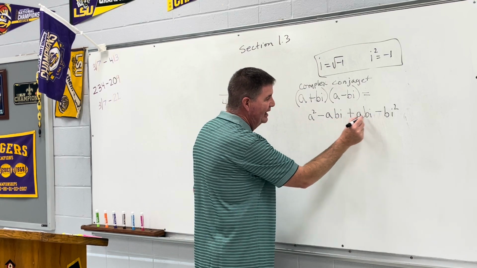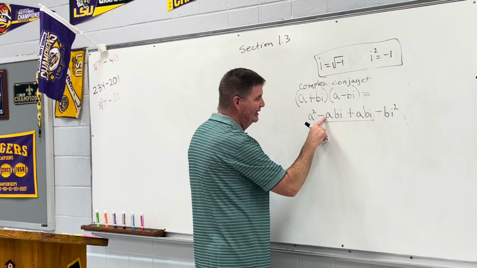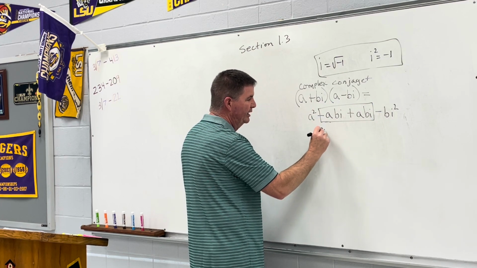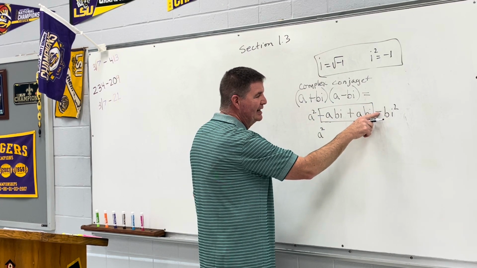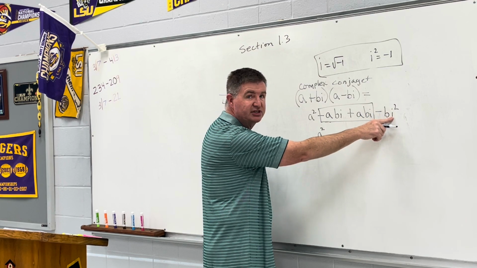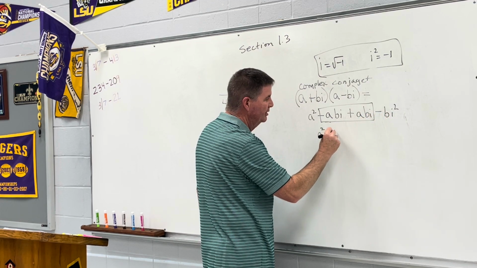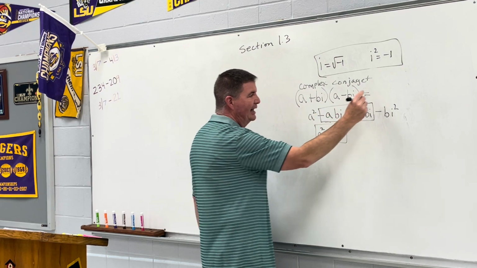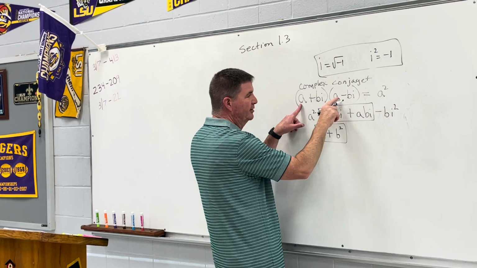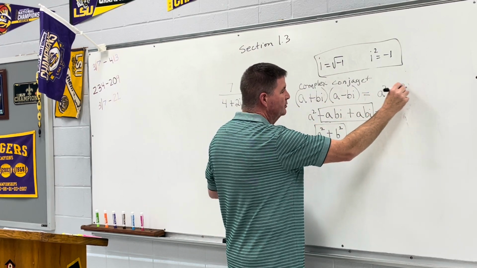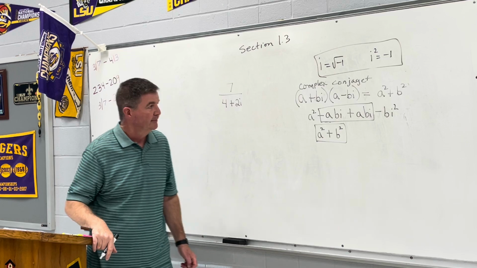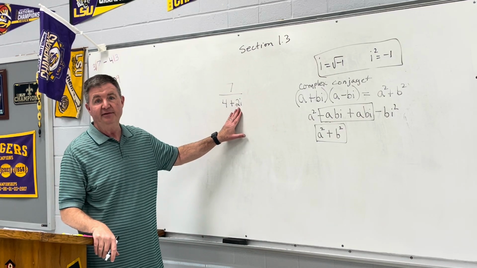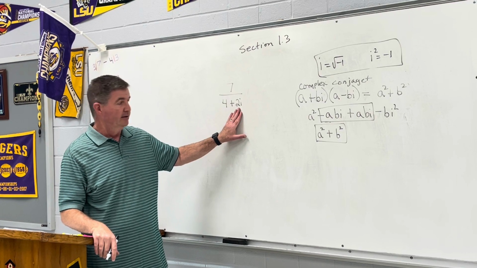My terms with i's in them go away, a negative and a positive, leaving me with a squared. And then negative b times i squared, which is negative 1, gives plus b squared. This is what you get as a result: a squared, the first term squared, plus b squared, the second term squared. That would be a complex conjugate. That's the way we're going to get rid of the imaginary number in the denominator.